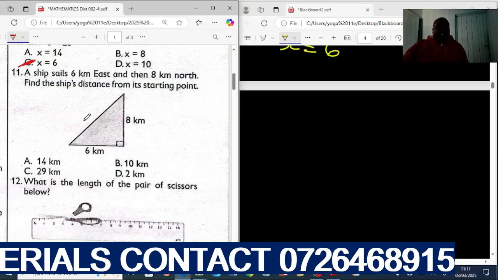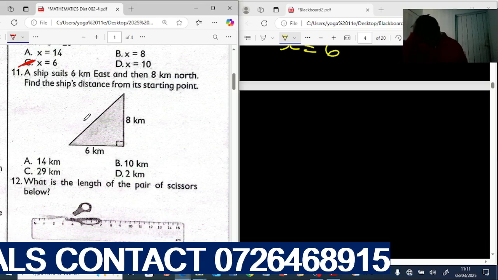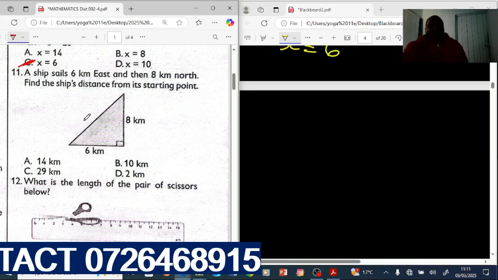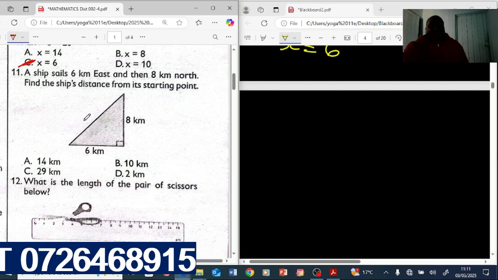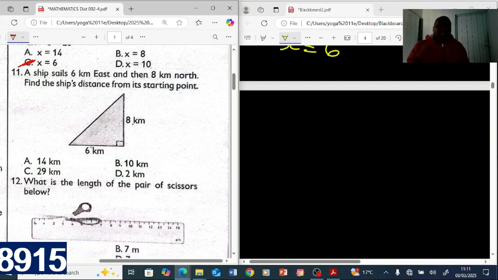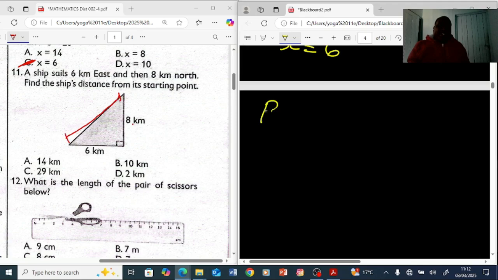Number 11. A ship sails 6 kilometers east, then 8 kilometers north. Find the ship's distance from its starting point. They have drawn this for you. This is north, therefore we need to get this distance here. We are going to use Pythagoras theorem. a squared plus b squared is equal to c squared, where c is the hypotenuse, the longest side.